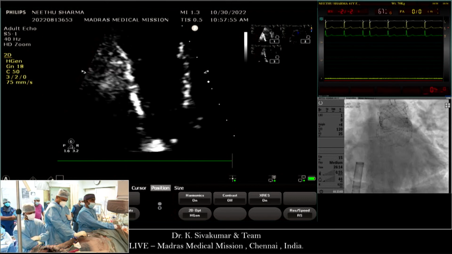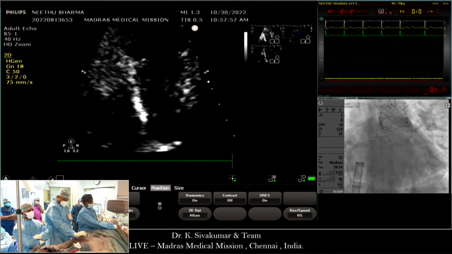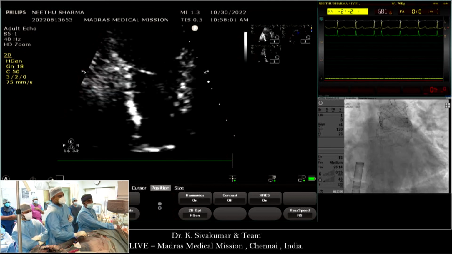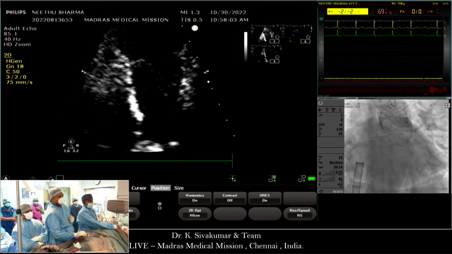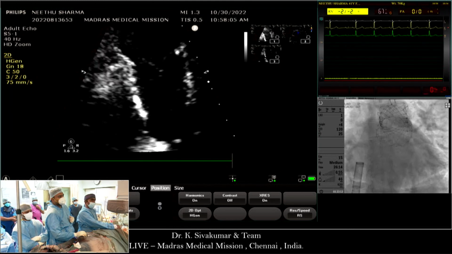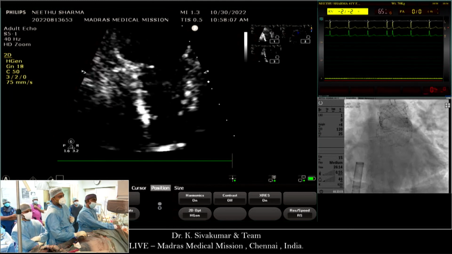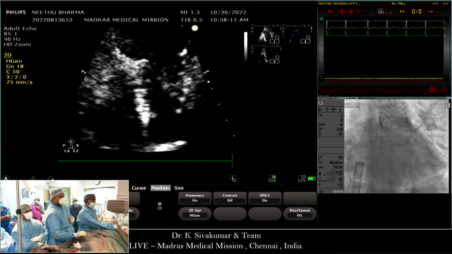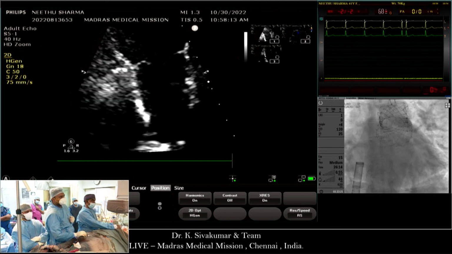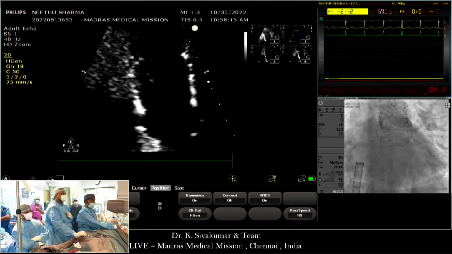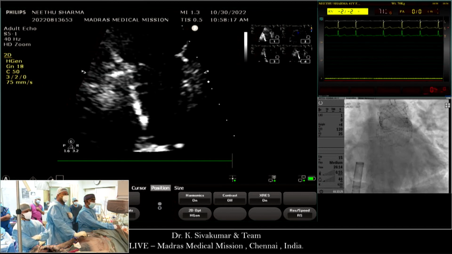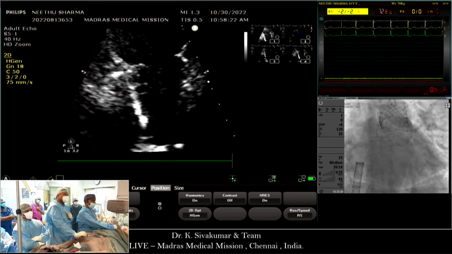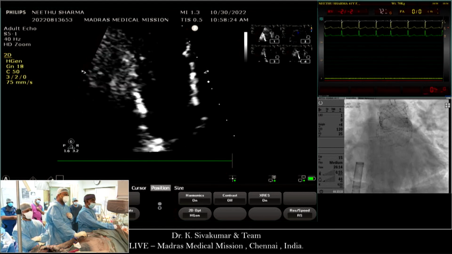In those patients we started aspirin plus Coumadin, and we are planning to repeat CT after 6 months to 1 year.